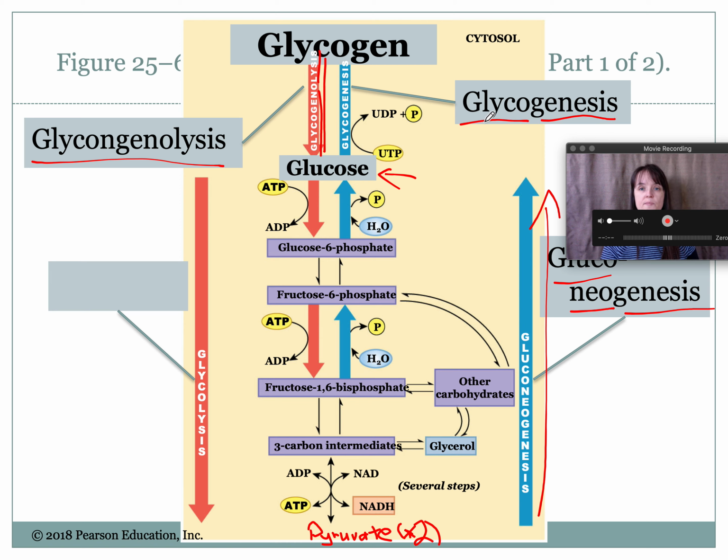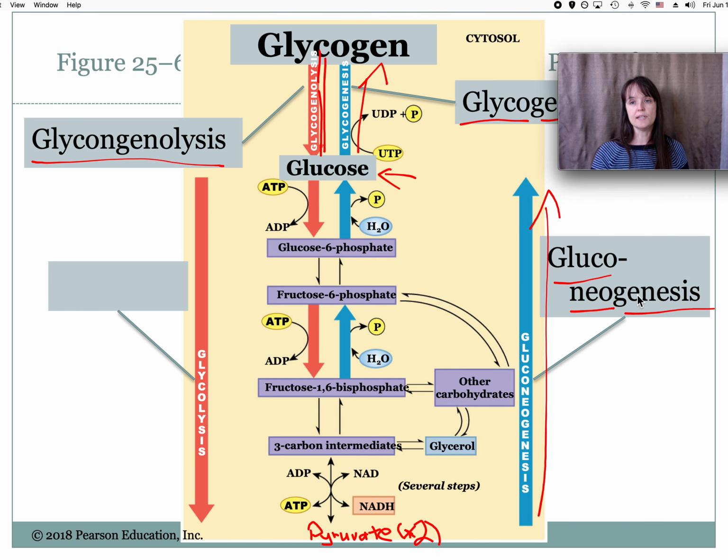Glycogenesis. Genesis is to make, glyco for glycogen. So glycogenesis is when we store glucose as glycogen. That's when we make glycogen. Glycogenolysis breaks down the glycogen. Glycogenesis makes the glycogen. Gluconeogenesis makes glucose. And that leaves glycolysis.